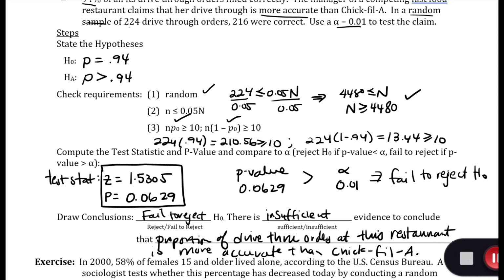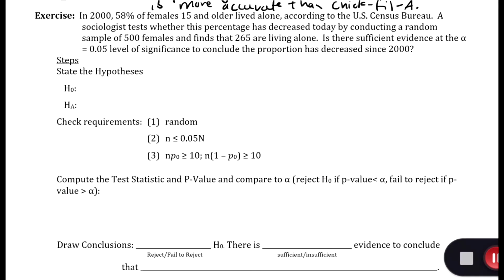Okay, because that is the claim that the manager wanted, that her drive-through is more accurate, and we had insufficient evidence to support that. All right, let's go to the next exercise.